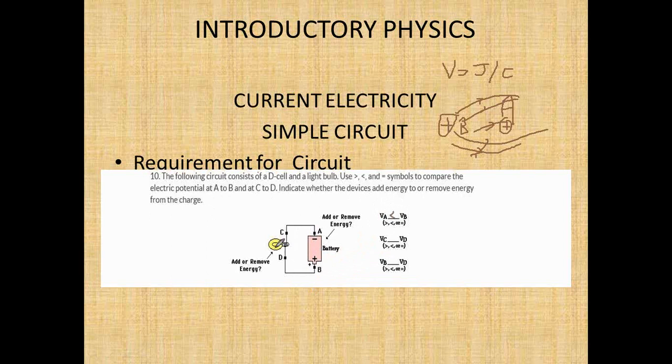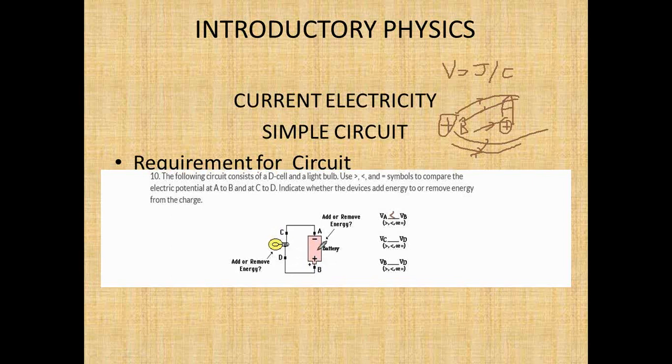Again, when you have a circuit element, it's going to remove energy. So any circuit element, whether it's a motor, a bulb, anything, it's going to remove energy. Remember, you're going to have an electric potential difference.